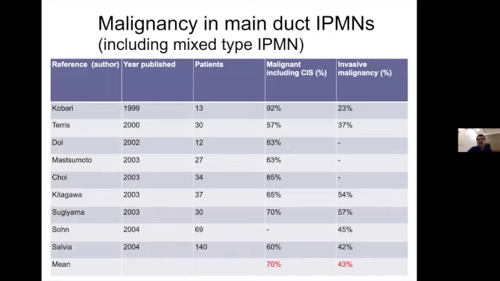So what about the malignancy in main duct IPMN? If you see all the published literature, you can see around 70% of patients with main duct IPMN harbor carcinoma in situ and 43% having invasive malignancy.